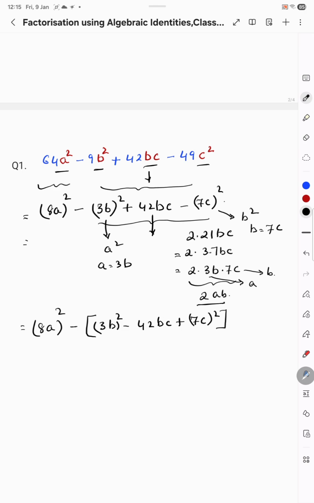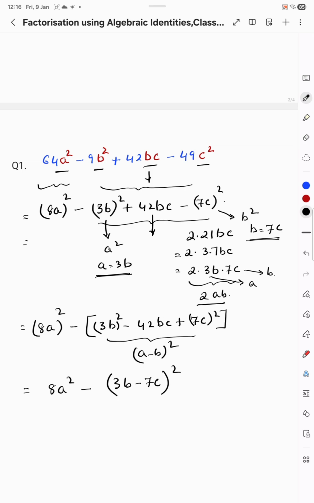You're getting it in this form. So now see, this is my a minus b whole square, where my a is 3b and my b is 7c. So a is 3b minus 7c whole square, and this term 8a square, and we have taken this minus as common. After solving this much, we are getting 8a square minus 3b minus 7c whole square.